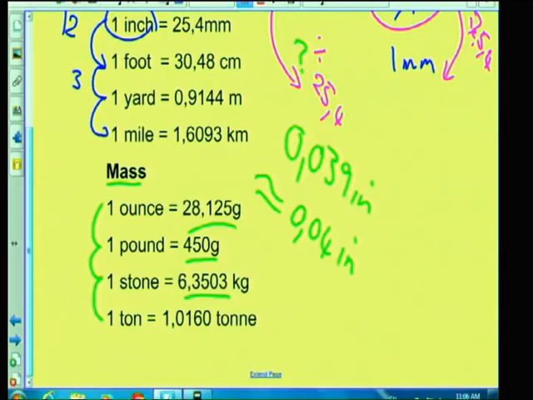And a ton, this word ton with a double N-E, is the metric ton. It's 1,000 kilograms. So they're quite close.